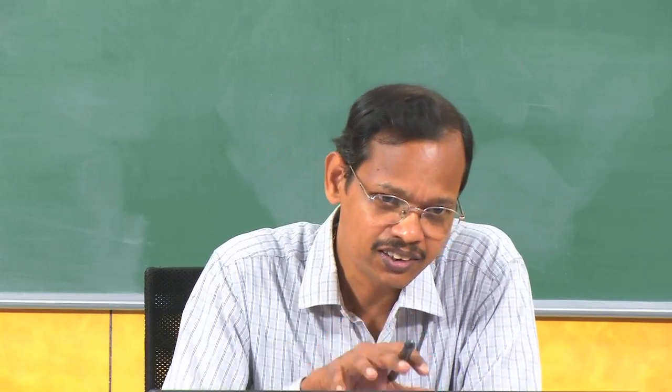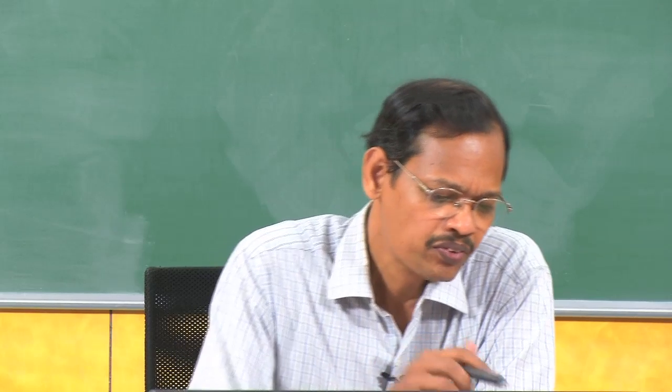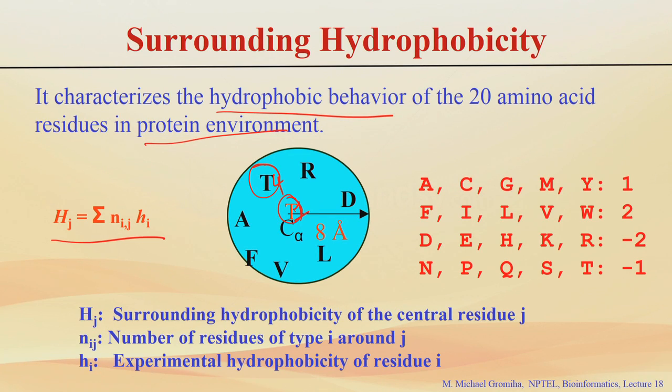Based on this information, we calculate the Hj for any residue j in a protein using this formula: sigma Nij, the number of residues of type I which are surrounded by the residue j, multiplied by the hydrophobicity index of this residue.